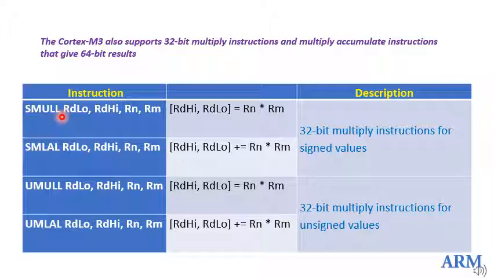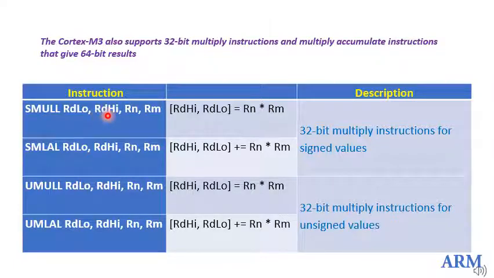Since you are multiplying two 32-bit numbers, the two numbers will be held in two 32-bit registers, Rn and Rm. But since the result will be 64-bit, you need two 32-bit registers to hold it. The first register that you specify will hold the lower word of the 64-bit product, and the next register will hold the higher word.